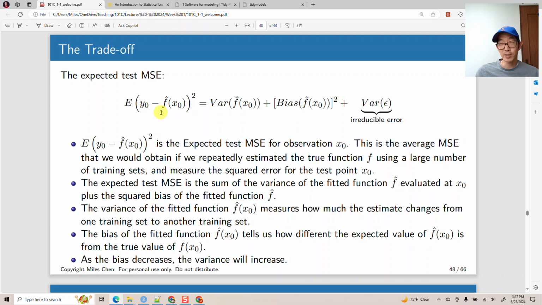Depending on the model, you can have high variance and high bias, and you'll have a high expected test MSE. Overall, there's this variance and bias trade-off in the mean squared error.